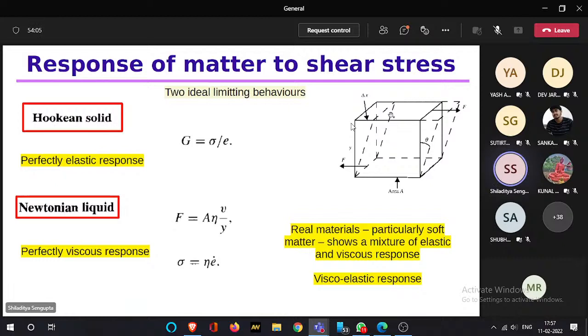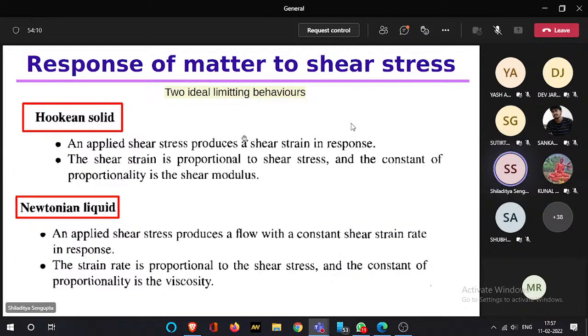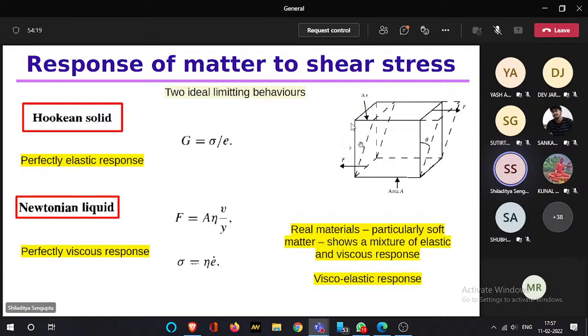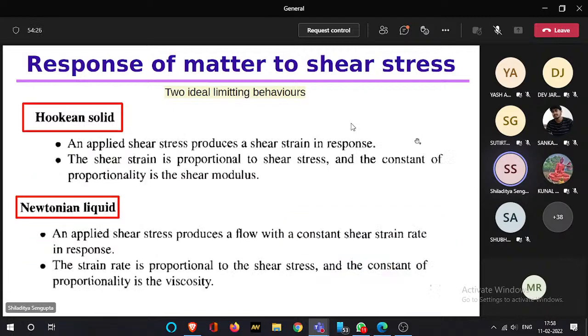This is called shear force. The shear stress is force per unit area, and the deformation is measured as an angle from the original position. This angle is called shear strain. The shear strain is proportional to the shear stress. This is the law that defines the Hookean solid.